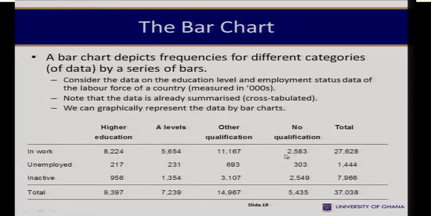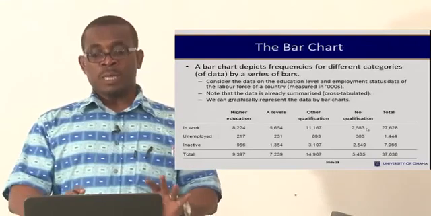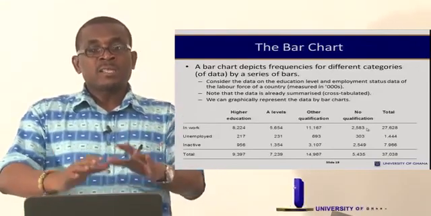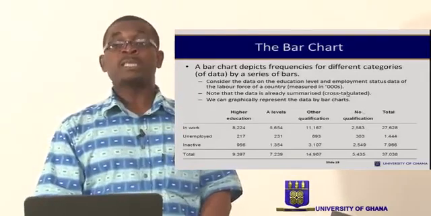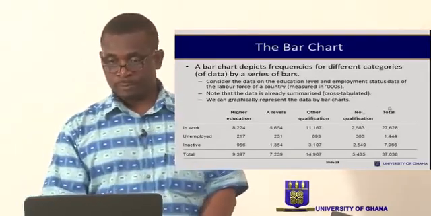And then 2,583 tells us the number of persons who have no qualification whatsoever but are working. So this is the data, and in essence, the data is already summarized in a table, and this table is called a cross-tabulated table, okay?